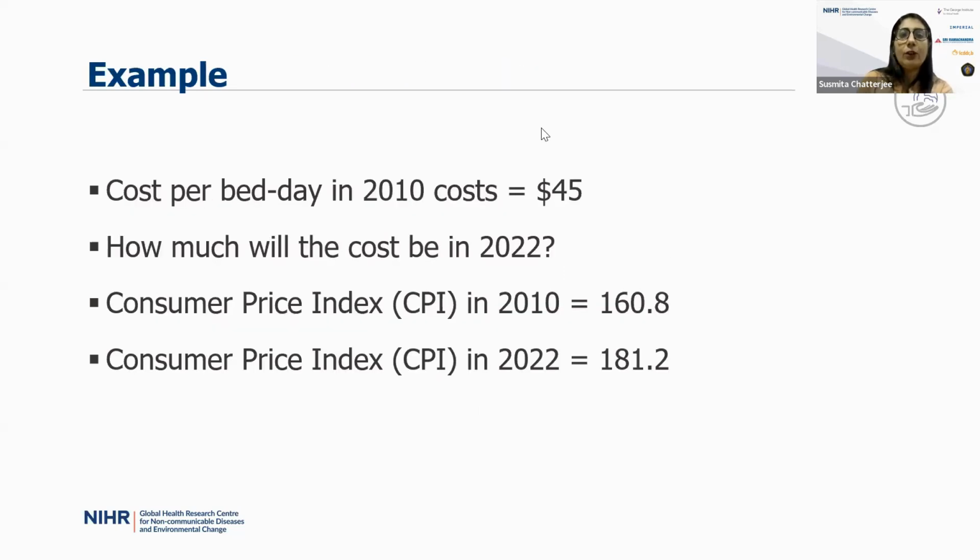I have the data, cost per bed day for 2010, which is $45. My consumer price index for 2010 is 160. Consumer price index for 2022 is this. I want the cost in 2022. Can you do it very quickly? 5 minutes is also very long, but 5 minutes, not more than that.